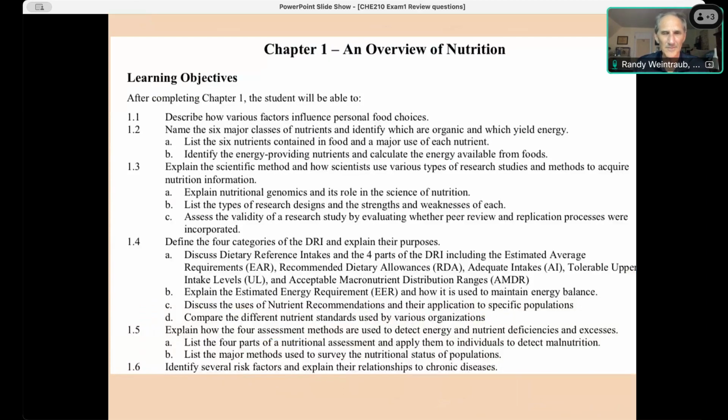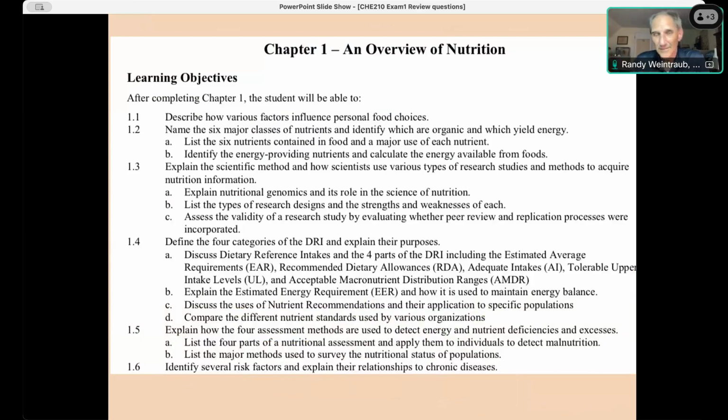One of the things in the additional resource folder are these. This comes from Cengage, the publisher of the textbook. It's a pretty detailed overview, and I call it a study guide for each of the chapters.